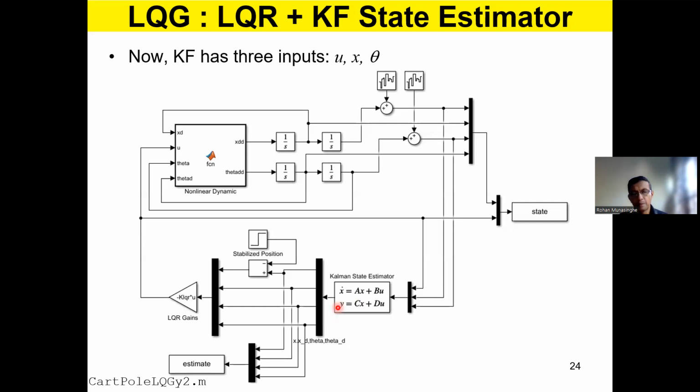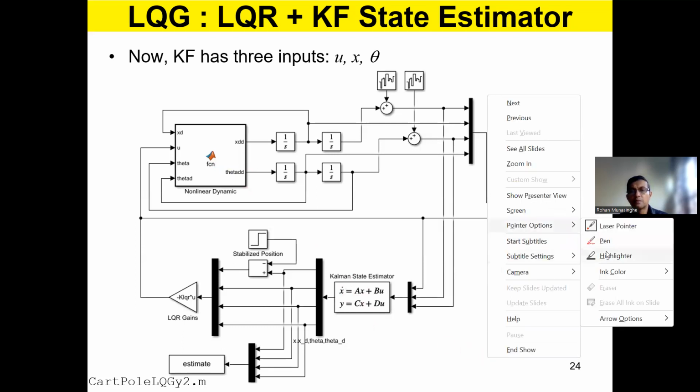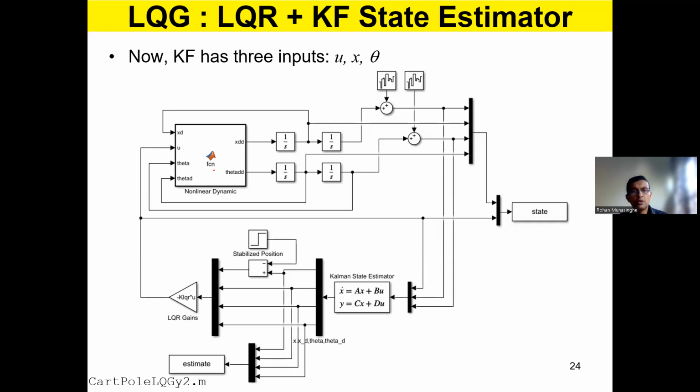Okay. To get rid of this problem, what we can propose is that we'll try to improve the Kalman filter so that it is able to use the nonlinear dynamics of the actual plant. You get that point? So if you can bring this dynamics, right, from the plant to the Kalman filter, right?